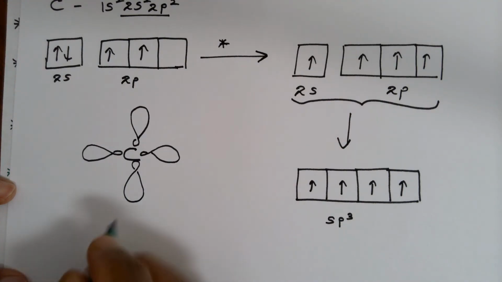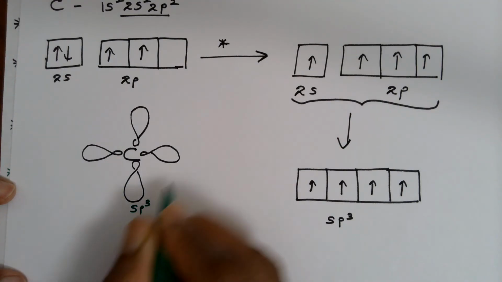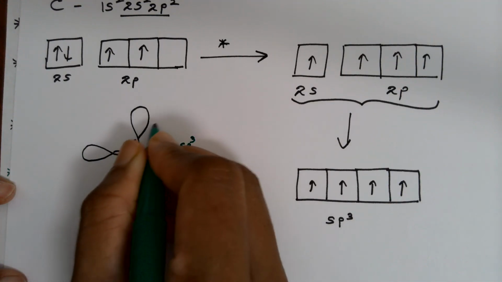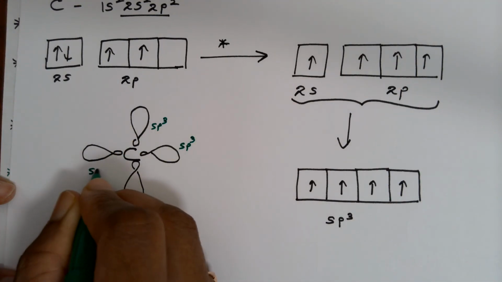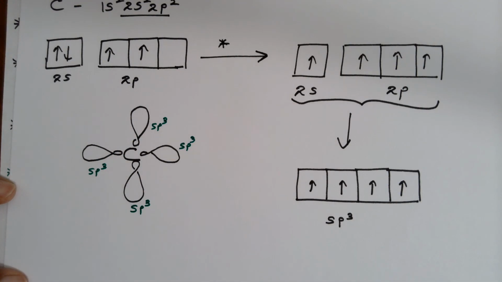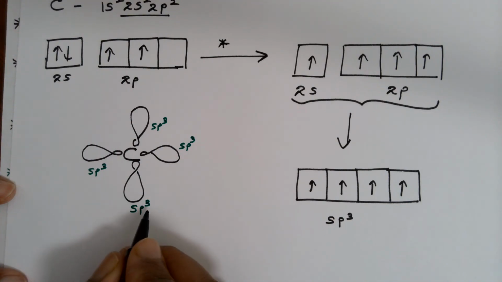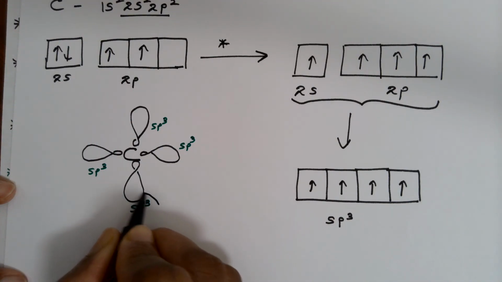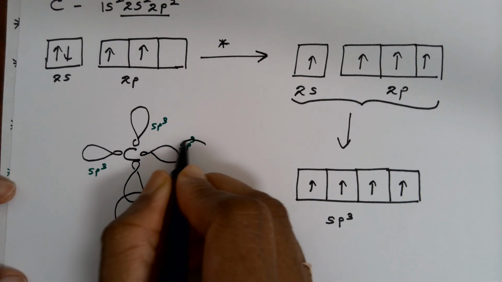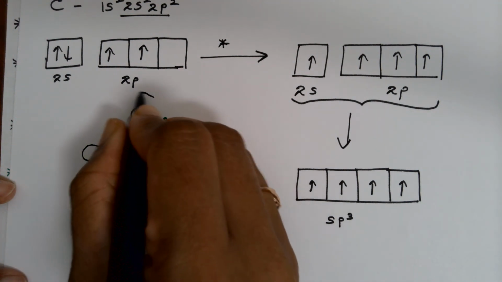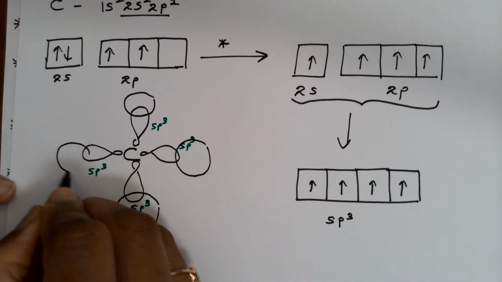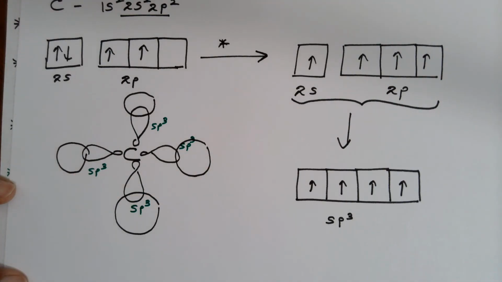These sp3 hybridized orbitals need to overlap with hydrogen, our terminal atom in CH4. Hydrogen has only an s orbital. So the hydrogen 1s orbital comes and overlaps with the sp3 orbital of the carbon, making four CH bonds. This is how the CH4 bonds are formed.